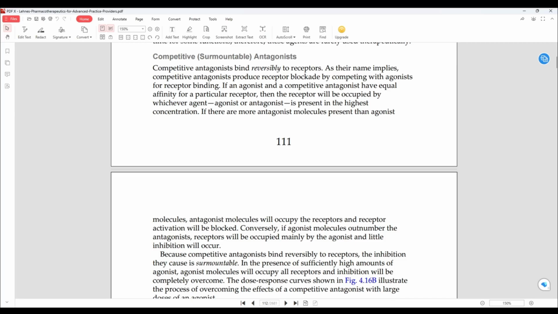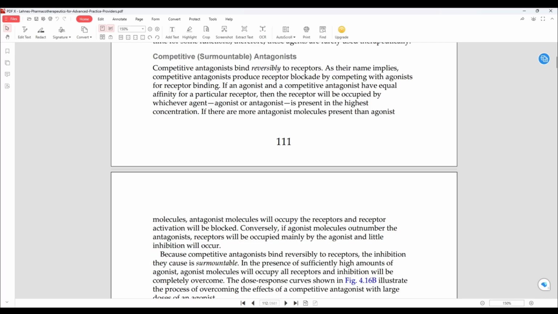If there are more antagonist molecules present than agonist molecules, antagonist molecules will occupy the receptor and receptor activation will be blocked. Conversely, if the agonist molecules outnumber the antagonist, then the receptor will be occupied mainly by the agonist and little inhibition will occur.